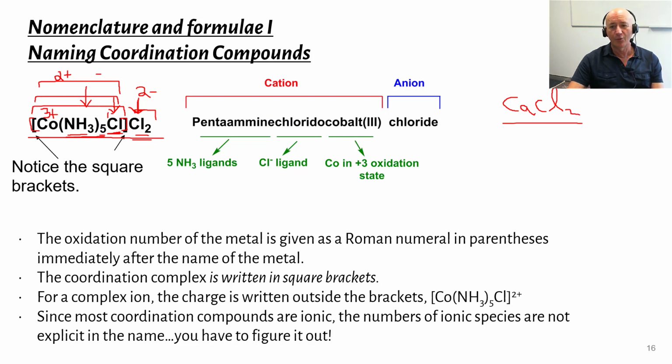I mean, you write that formula there, but you know full well it's actually 2 plus, and we've got 2 lots of 1 minus there, making the overall charge neutral. So this is an ionic compound where the cation, if you like, is now a complex ion, this guy here.